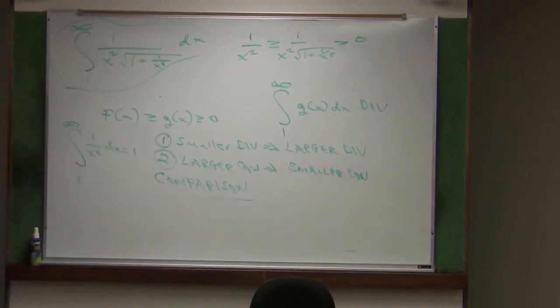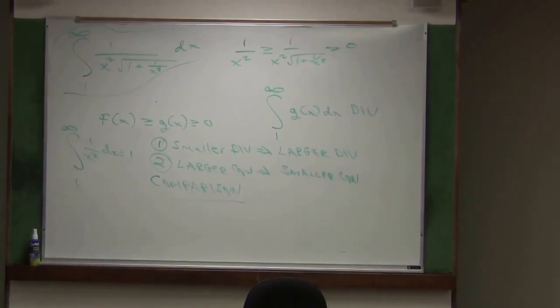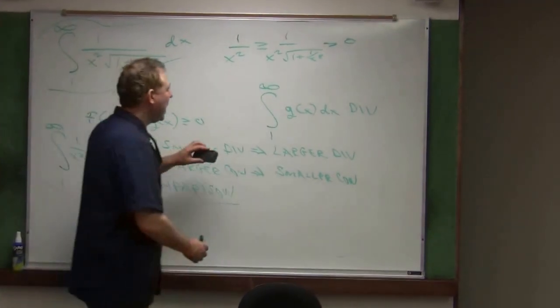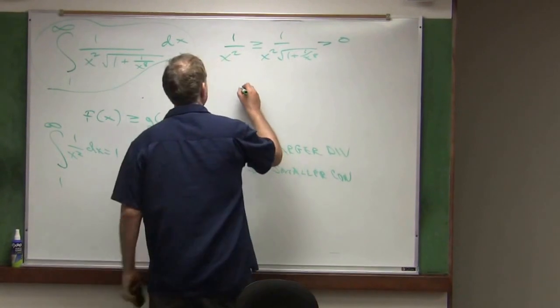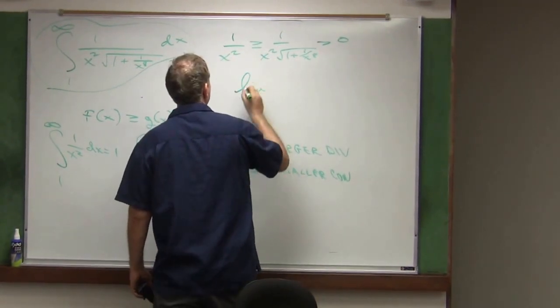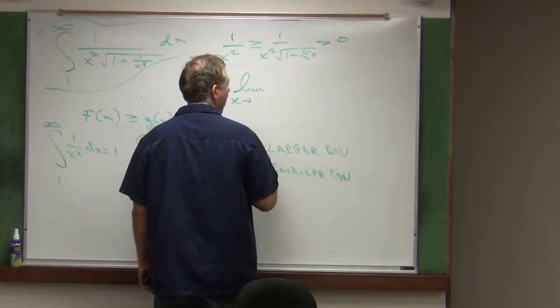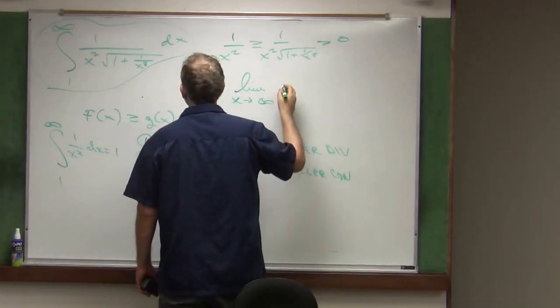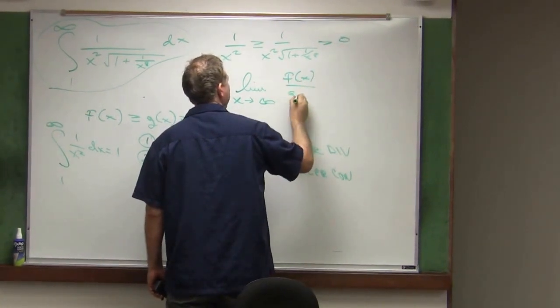Now there's an even stronger test called the limit comparison test. And the limit comparison test would be kind of the same situation, except what you have now is that you're taking a limit as, say, x goes to infinity, and you're looking at two functions, f over g, okay?